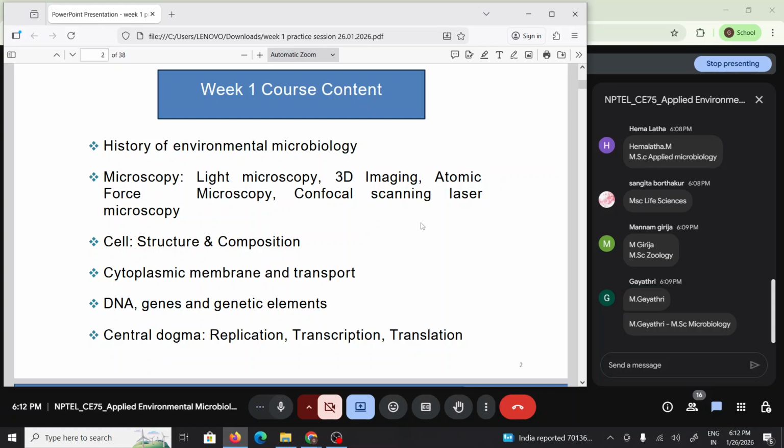And then finally, there was some discussion about the central dogma, which is the replication, transcription, and translation. So this is the overall course content that was discussed in the week 1 lecture in the Applied Environmental Microbiology course.